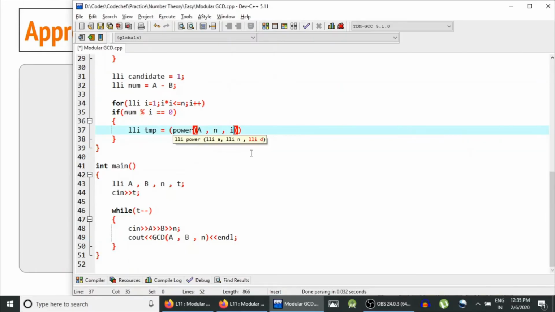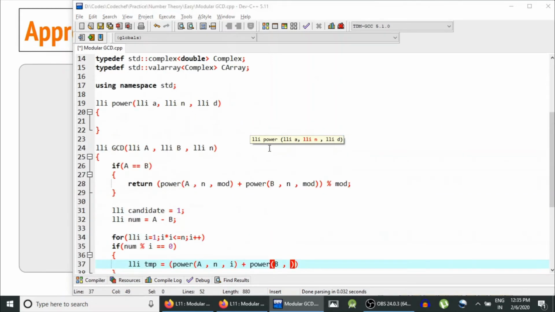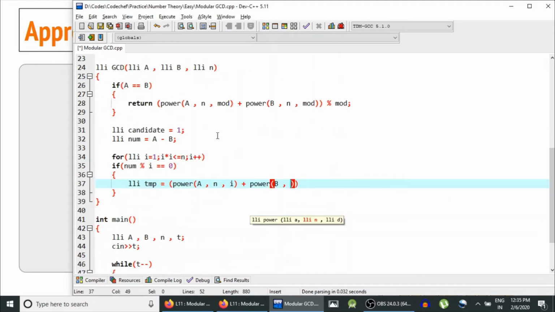If it leaves 0 remainder, that means this can be the GCD, and since we have to find the maximum number, that would be the maximum divisor of both numbers. So I've calculated a raised to power n modulo i plus b raised to power n, and remember, the power function we have to write ourselves, so don't worry, we would write that ourselves.